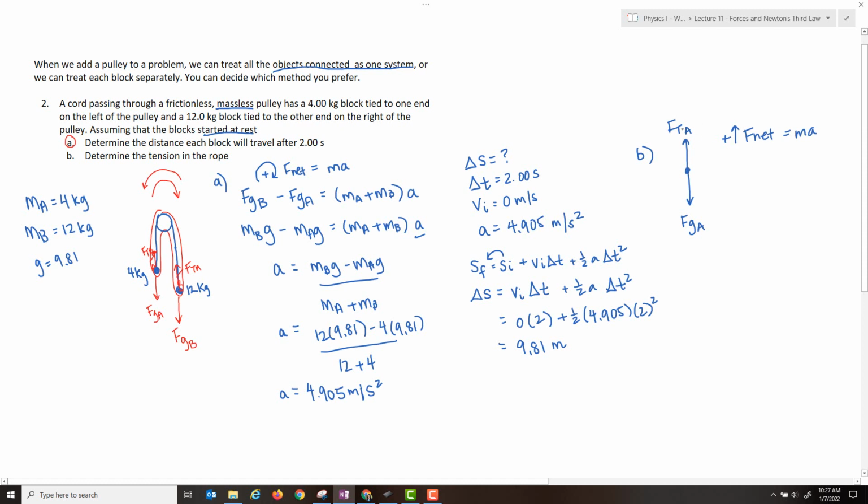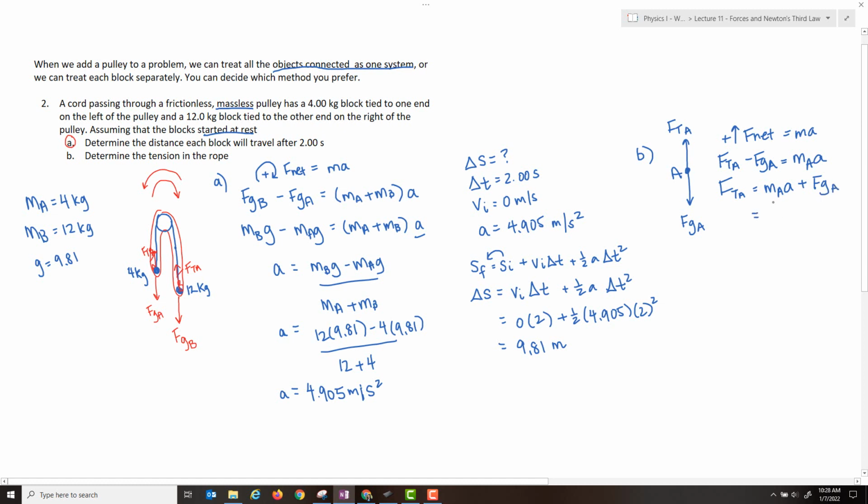My positive force is the force of tension of A. My negative force is my force of gravity, since it's pointing down, equals M. This time I'm referring to the mass of object A, because this is a free body diagram of A, times the acceleration, which I just found in part A. So if I'm trying to solve for force of tension A, it would equal M times A plus FGA.